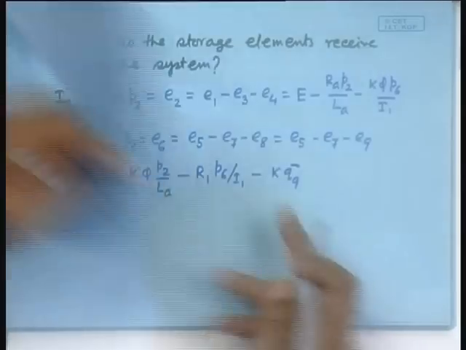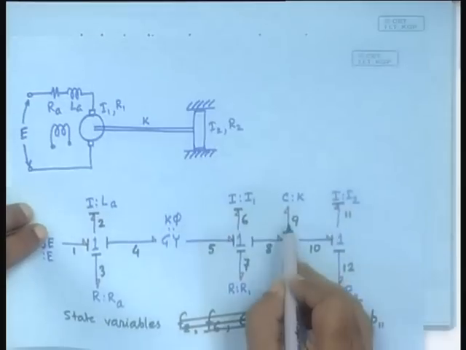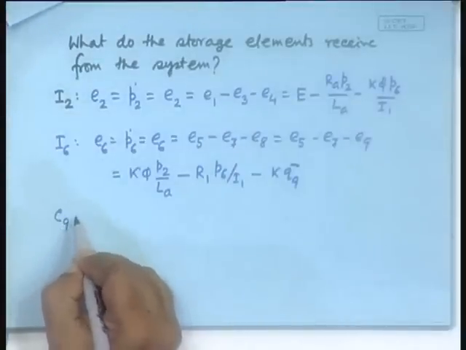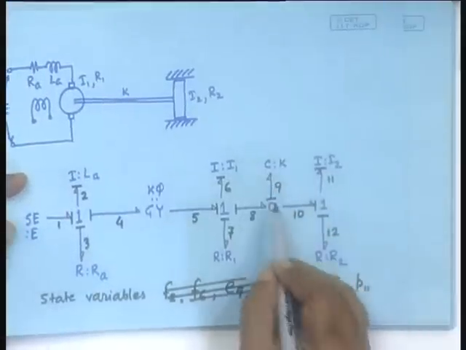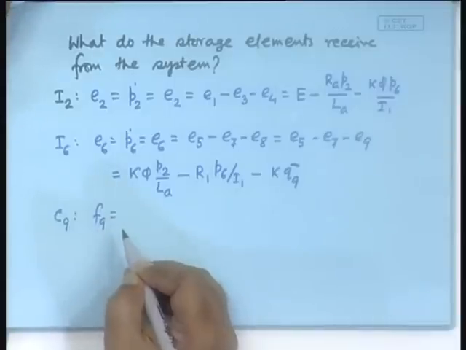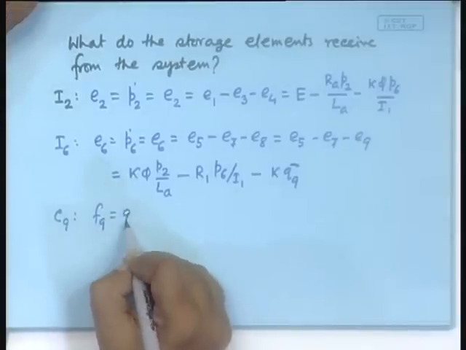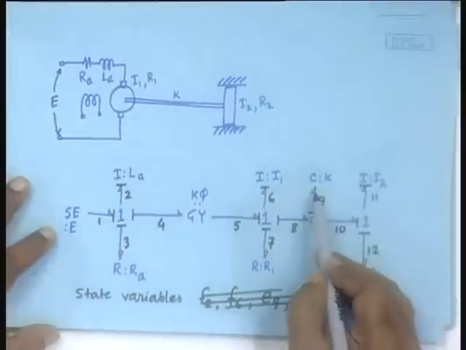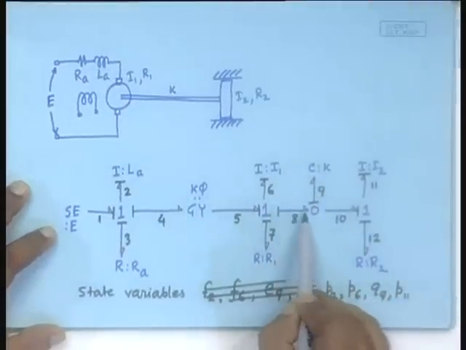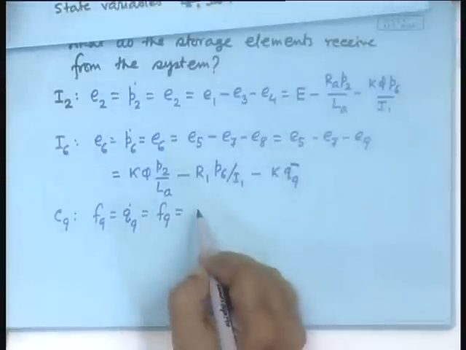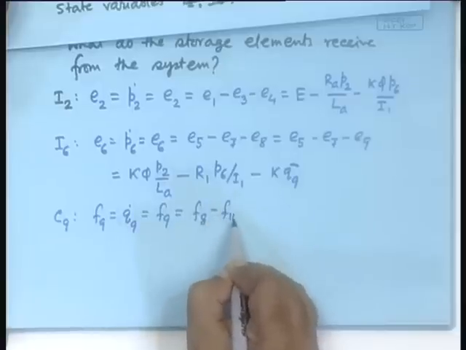Now, we ask this question in relationship to the C in the bond 9. It receives flow F9. Q9 dot is equal to F9, and then we scout the bond graph to find out where F9 comes from. F9 is F8 minus F10 in this bond.